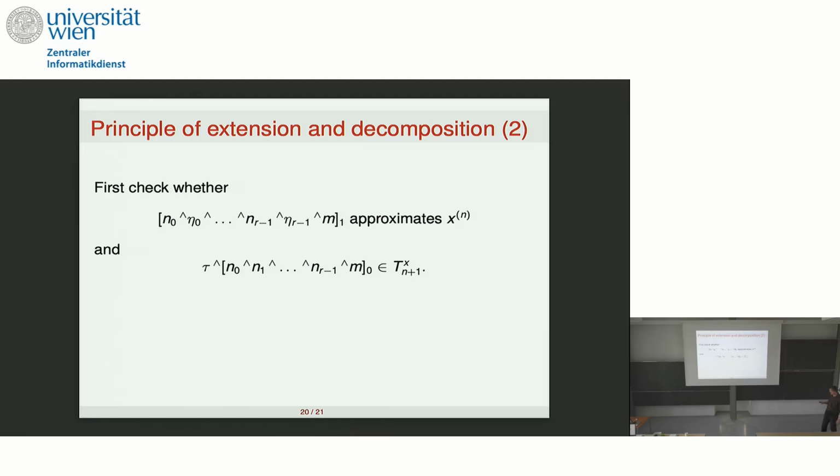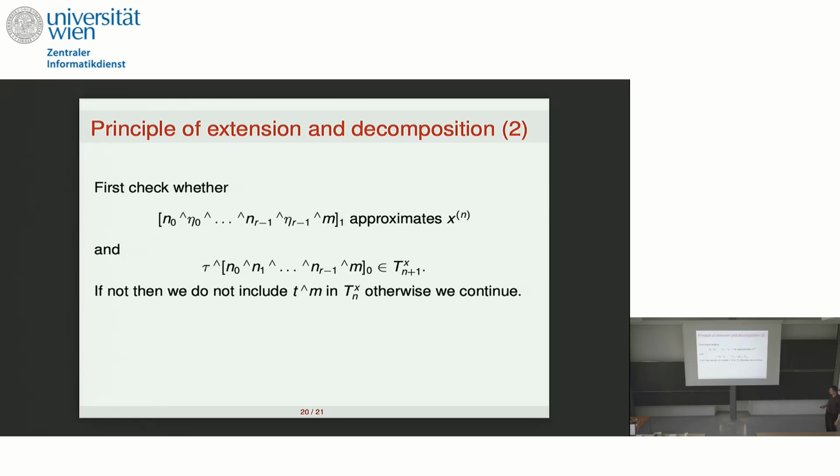And we also would like to have that this part is already in T_X n plus 1. Okay? And if this is not the case, then we do not include this extension into T_X n, and we are done.